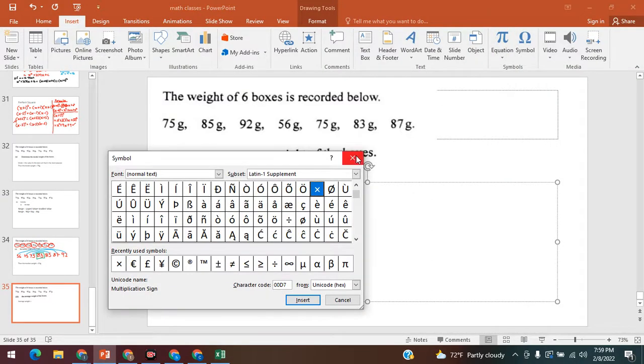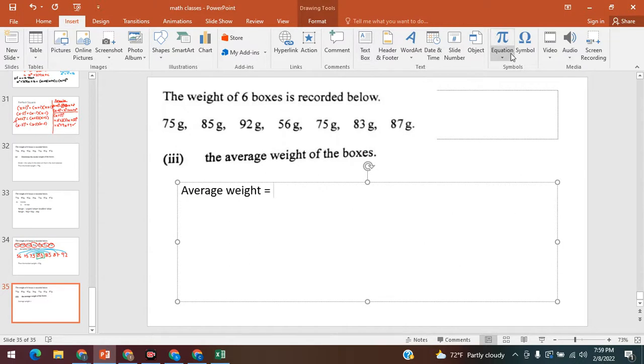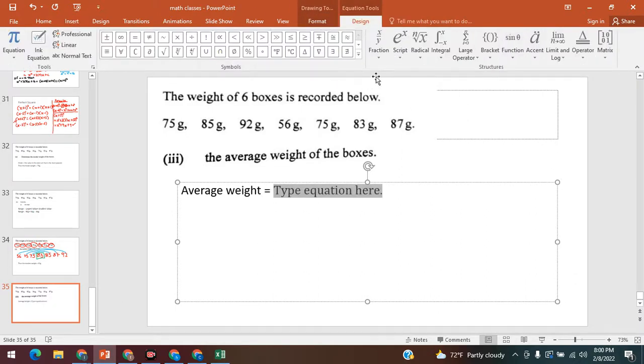And then we divide it by the amount of numbers that you have. How many data values do we have? 1, 2, 3, 4, 5, 6, and 7. 7.